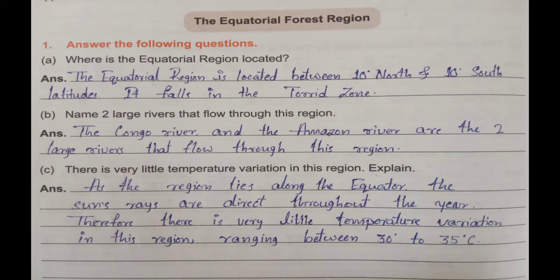Third question: there is very little temperature variation in this region. Explain. Write down the answer. As the region lies along the equator, the sun's rays are direct throughout the year.